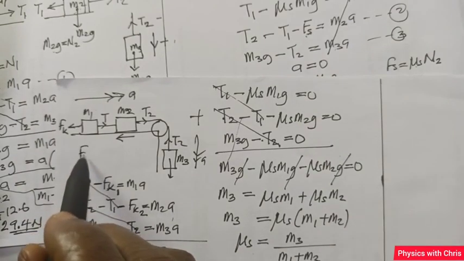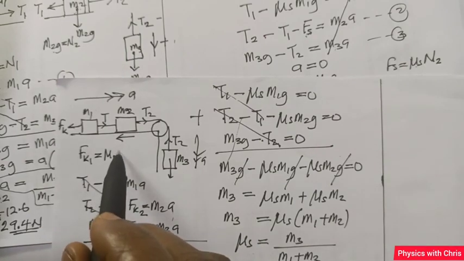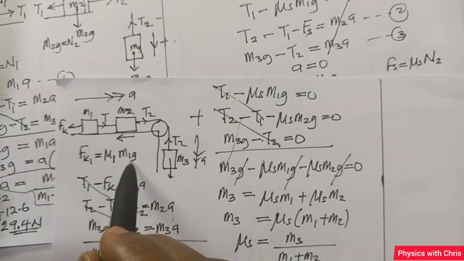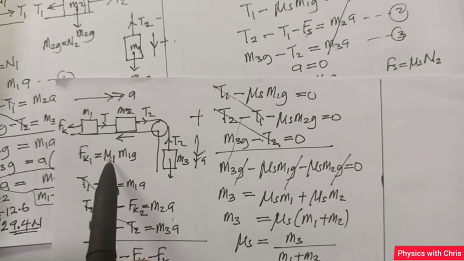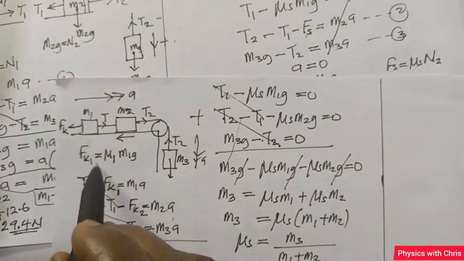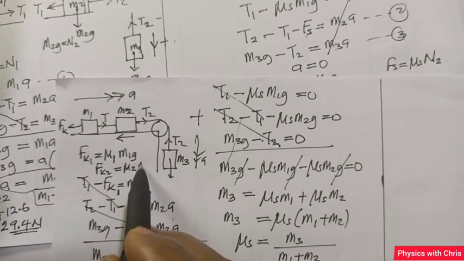My Fk1 is mu1 times M1G, because the frictional force has been defined as the coefficient of friction multiplied by the weight of the body. My Fk2 will be mu2 multiplied by M2G.